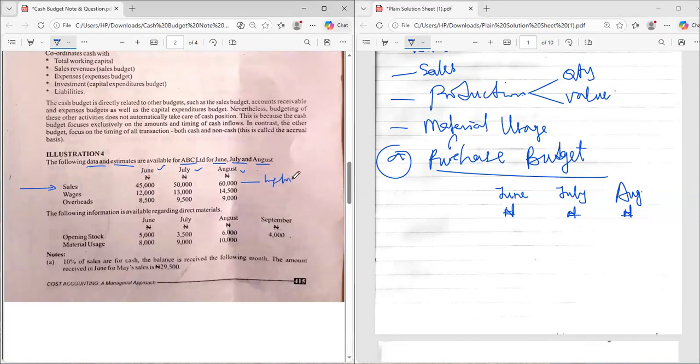They give us wages, which is an outflow. They gave us overhead, which is also an outflow. Then the following information is available regarding direct material.